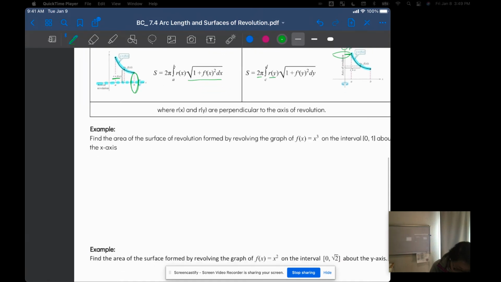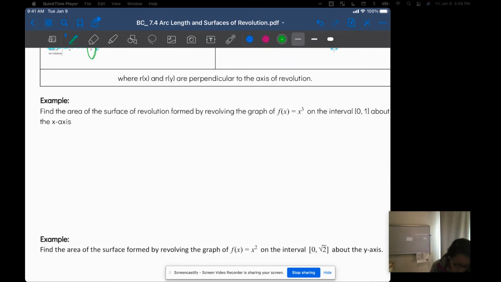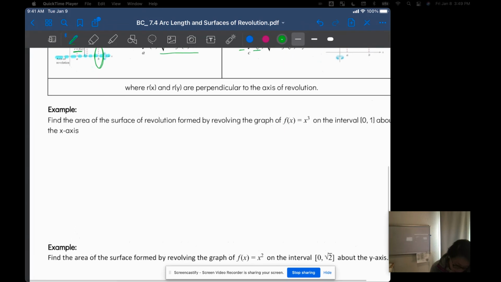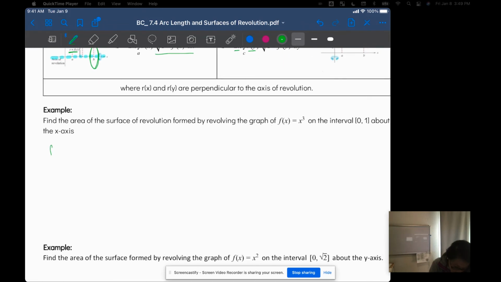Okay, so we're going to find the area of the surface of revolution formed by revolving the graph of f of x equals x cubed on the interval from 0 to 1 about the x-axis. So the things that I need are the derivative. f of x is equal to x cubed, so the derivative f prime of x would be 3x squared.